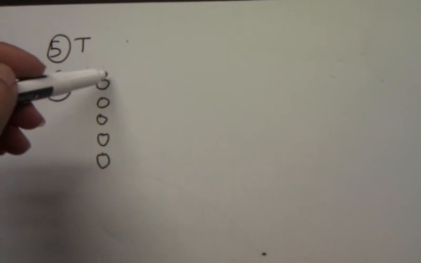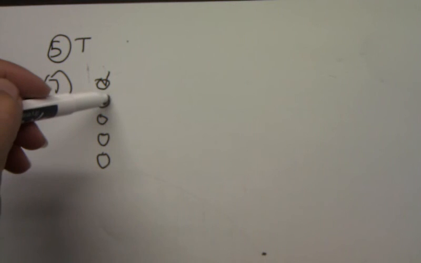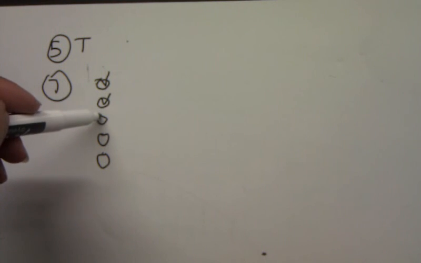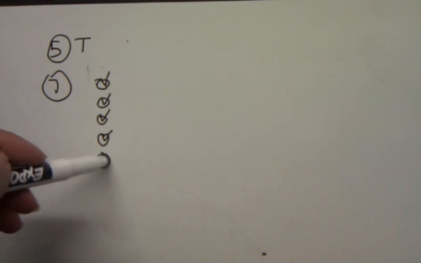Can we use given information as a reason in a 2-column proof? Yes. Can we use postulates? Yes. Can we use definitions? Yes. Can we use theorems? Yes. So it looks like it's going to be all of the above. So number 7 is all of the above.